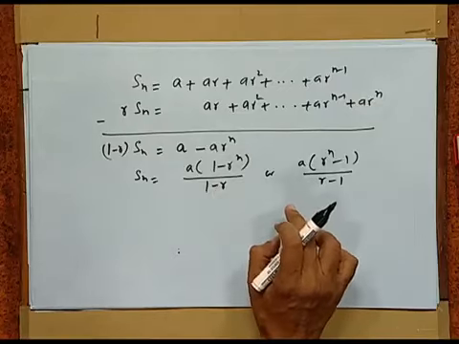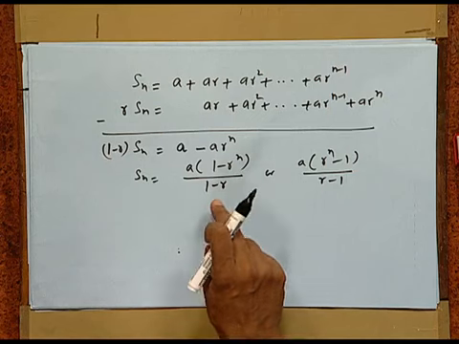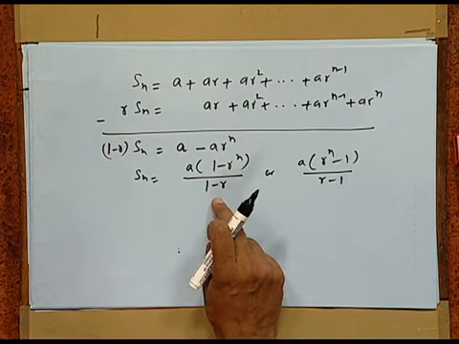So, we have two forms for Sn. Usually, we use the first form when R is less than 1 and the second form when R is more than 1, but both are correct in both cases. It is only a matter of convenience.